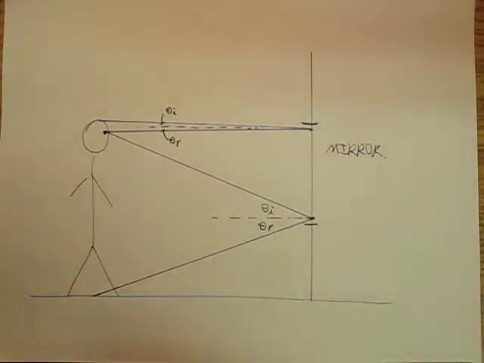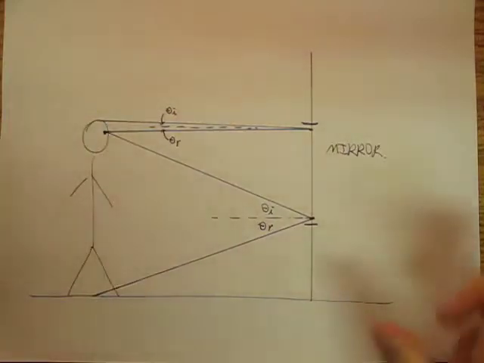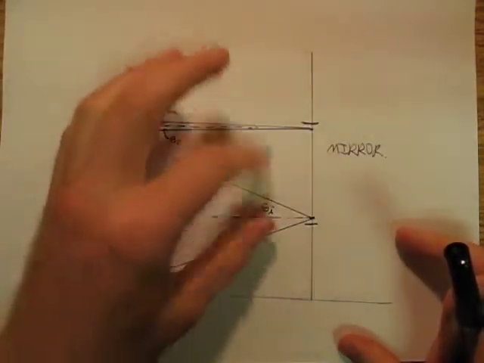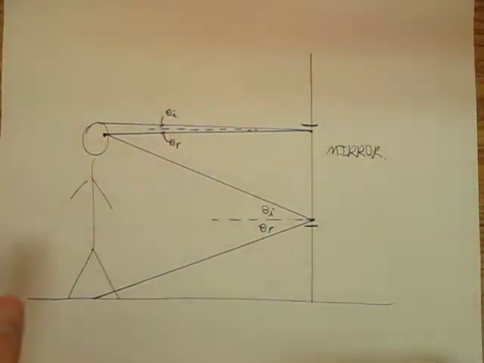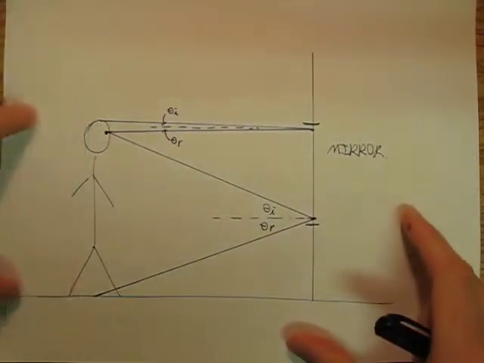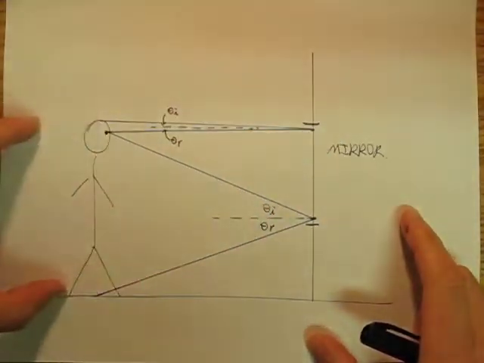And this is something that people in general have a lot of trouble with. And then they say, well, what happens as you get closer? Well, as you get closer, these angles change, but the overall geometry does not change. So whether you're far away or really close makes no difference whatsoever.